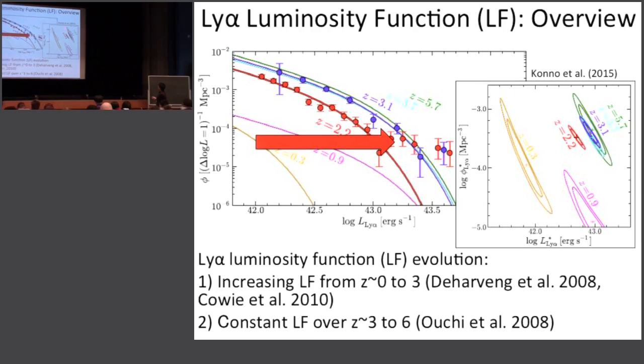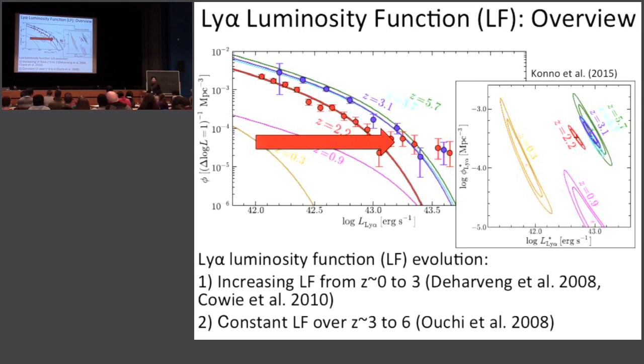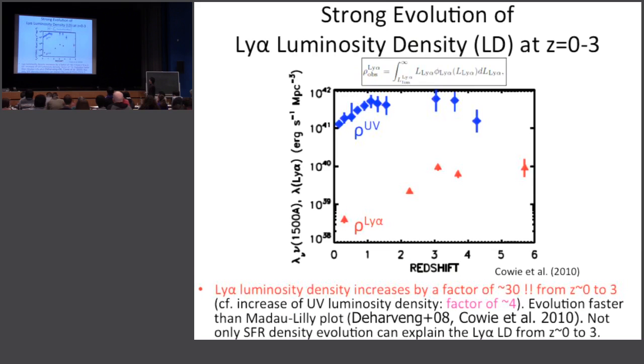From these contours, L star gets quite bright. And of course, again, you will see the constant luminosity function from redshift 3 to 5.7 in the Schechter parameter space. So let's look at these features more closely: the increasing luminosity function up to redshift 3, and the constant luminosity function at redshift 3 to 6. Okay, so first, redshift 0 to 3.